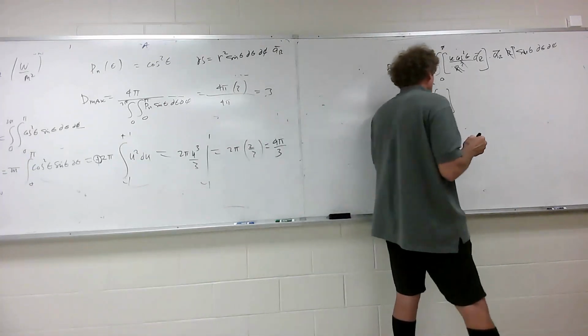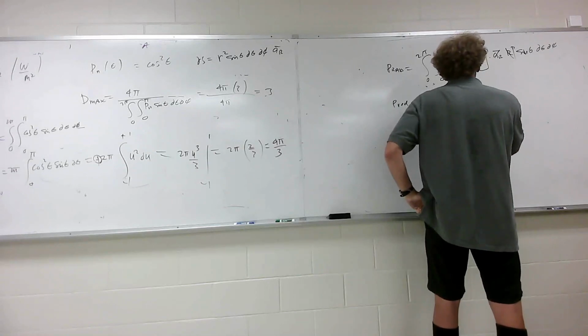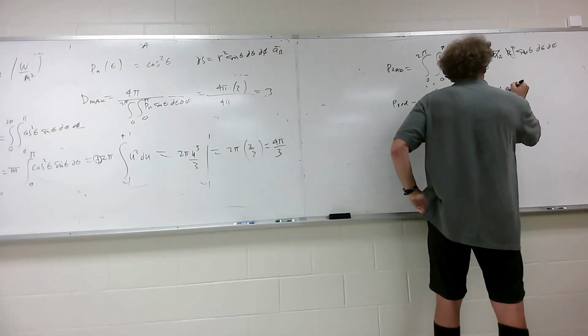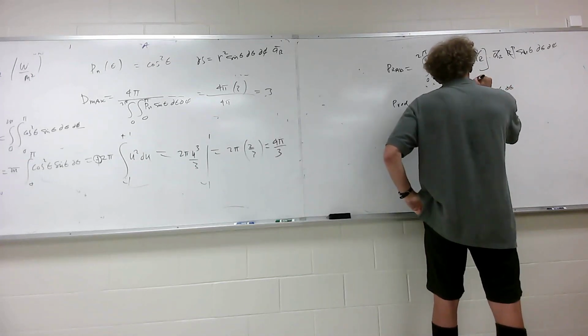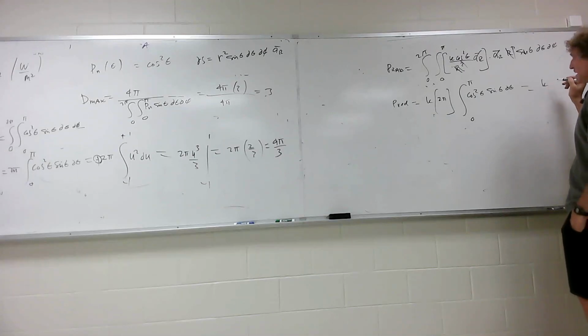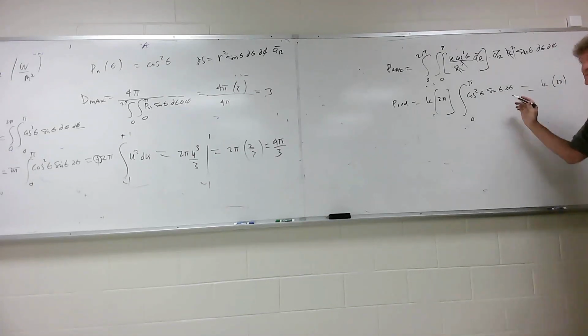And now I'm left with what? Now I got that integral of cosine squared of theta, sine of theta, d theta from 0 to pi. And that's K times 2 pi. Do you remember what this is? It is 2/3, right? Do you remember how to get it?